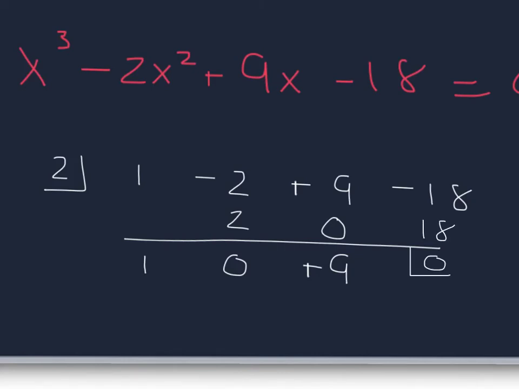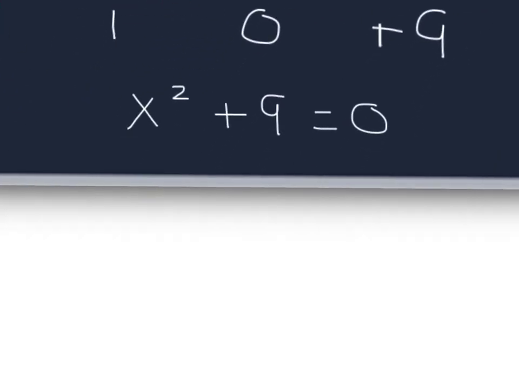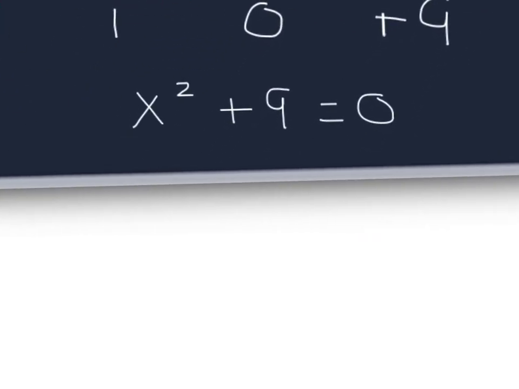So now that I depress this, remember, if we start at the third power, this is going to go down to the second power, so our answer is going to be x squared plus 0x plus 9 equals 0. And now I have something that I can further simplify in order to find my remaining zeros.